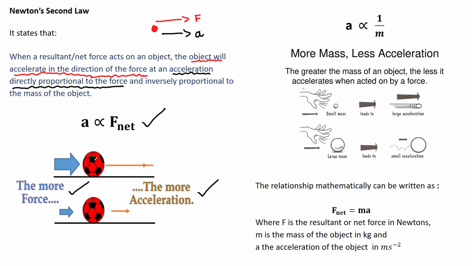If you kick a ball with a greater force, it moves faster than if you kicked it with a lesser force. So Newton says when a force acts on an object, it causes the object to accelerate in its direction, and the acceleration of the object is directly proportional to the force, but inversely proportional to the mass of the object.